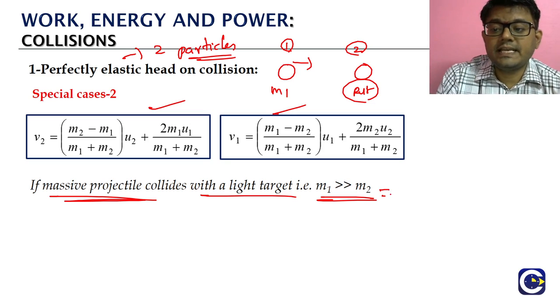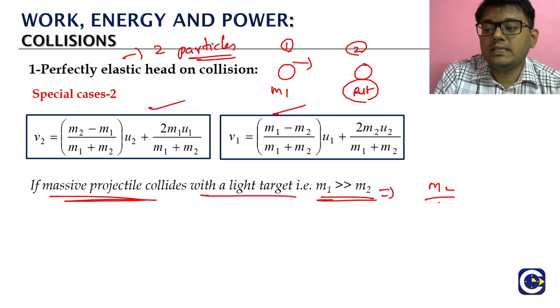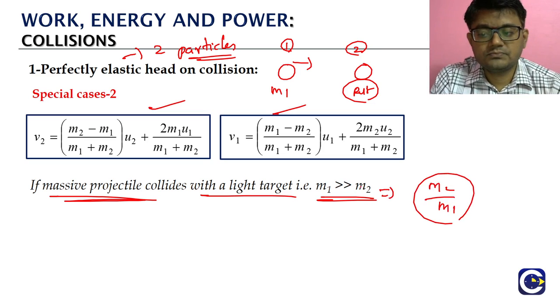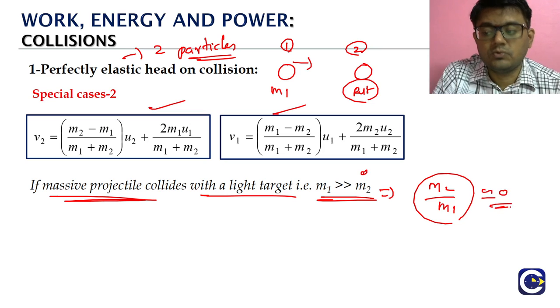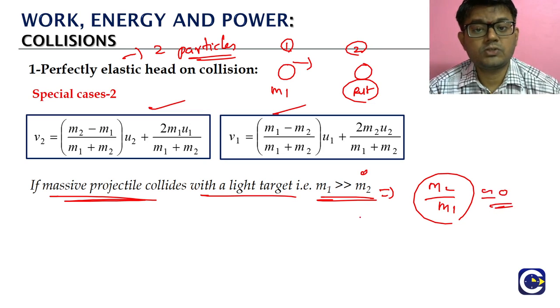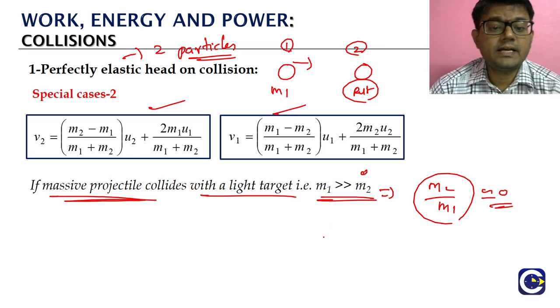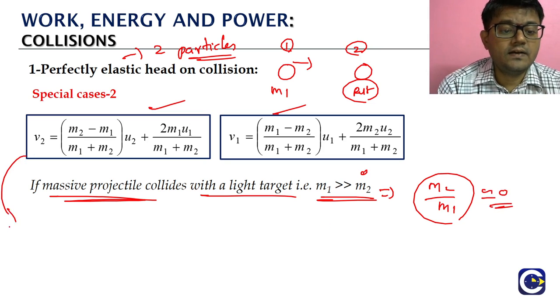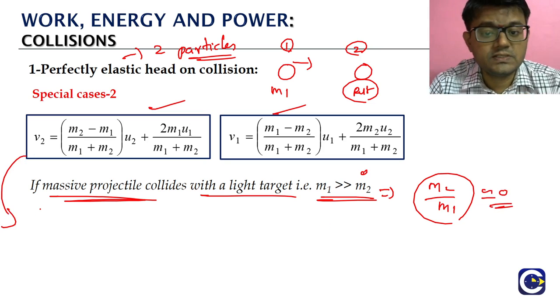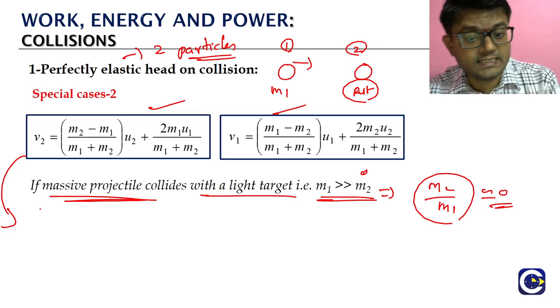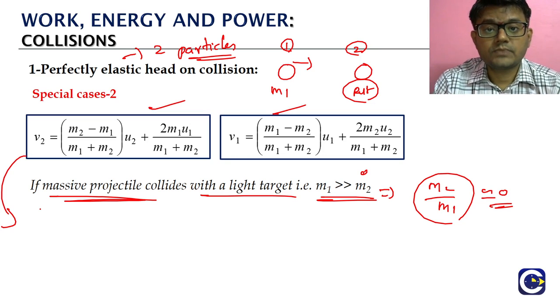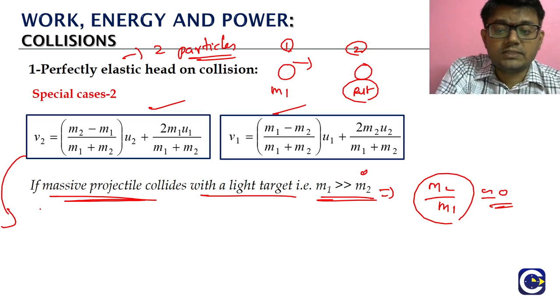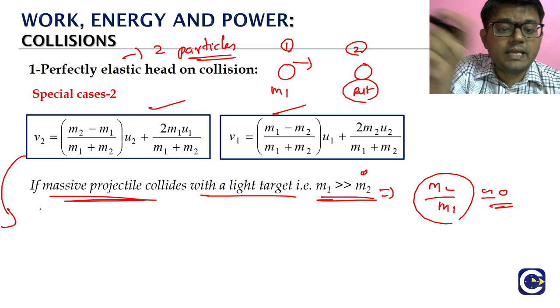So if you look at the M2 by M1 ratio, M2 is very small, so we can approximate the M2 by M1 ratio to 0. How will the velocity expressions change with this assumption? The assumption is that the M2 by M1 ratio is approximately equal to 0.